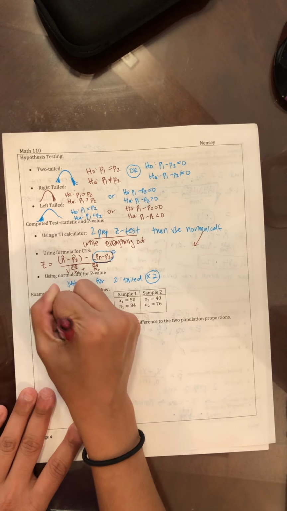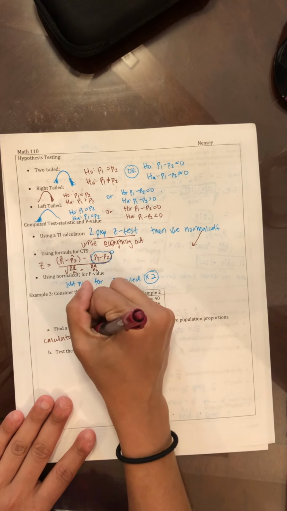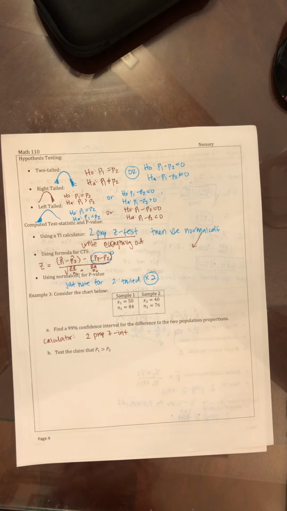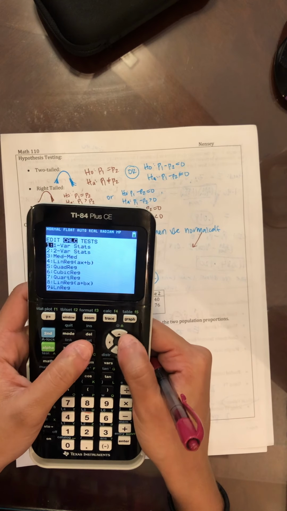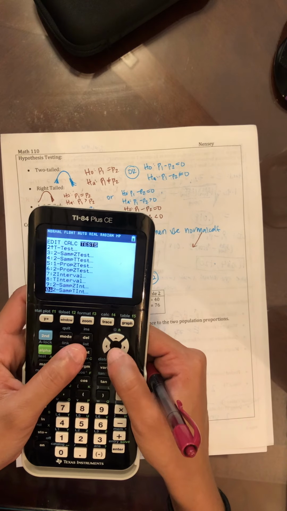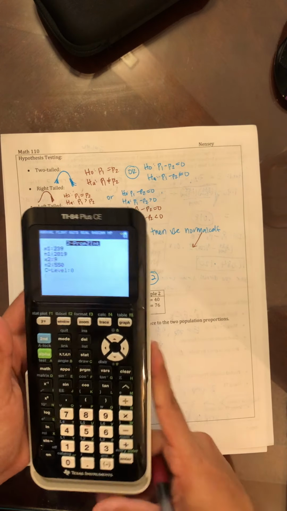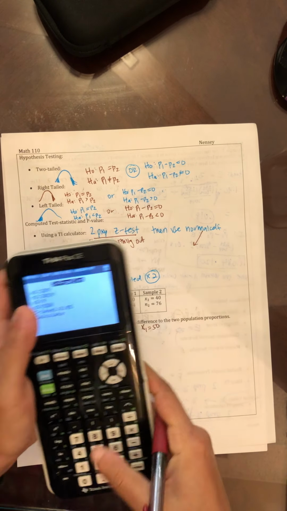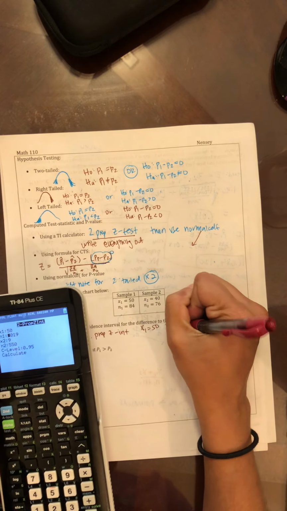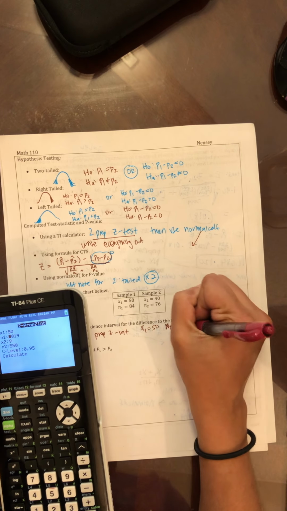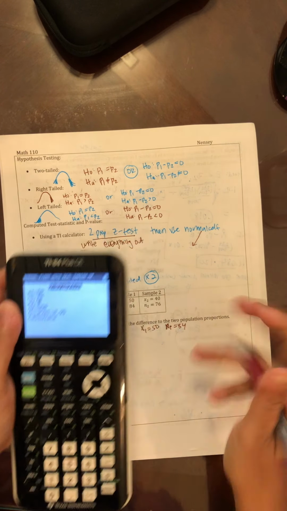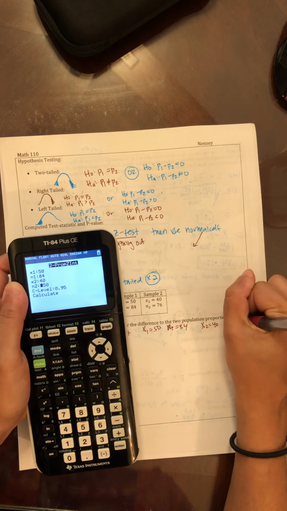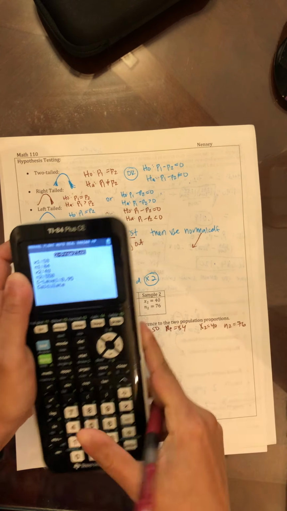By calculator, I'm going to write what test I'm doing, so 2-prop Z int, and I'm going to go to it and see what I have to write out. So I'm going to go to calculator tests, 2-prop Z int. Then I'm going to write out the important information: x1 is 50, n1 is 84, x2 is 40, and n2 is 76.